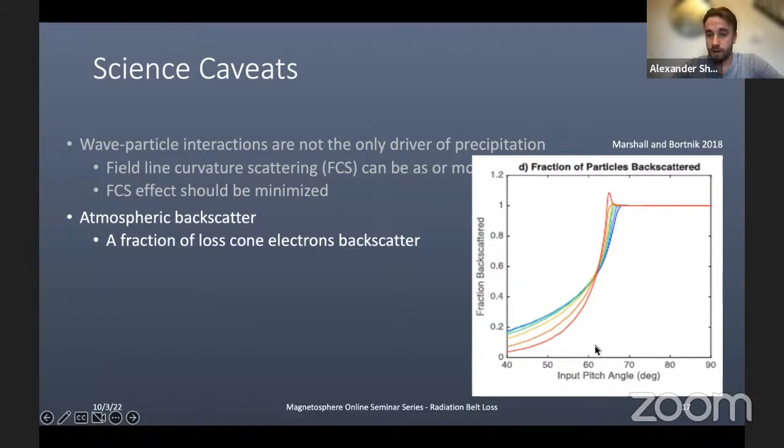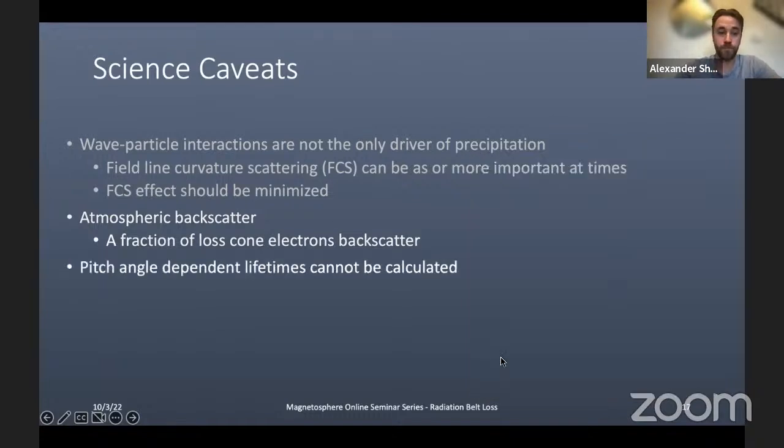You can see that the bounce loss cone pitch angle is around 66 or 67 degrees in this run, and that it is not a discontinuity; there is a gradual decrease to zero away from the loss cone. Lastly, we will be unable to resolve pitch angle dependent lifetimes because of the bounce loss cone data set that we have. We have no pitch angle information.